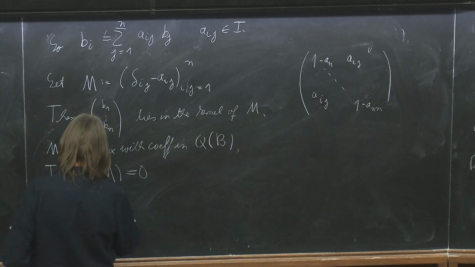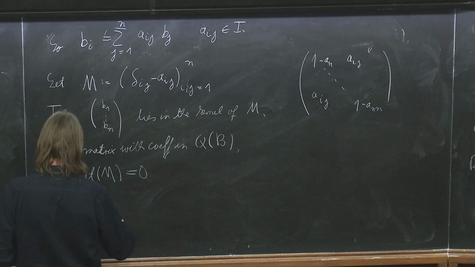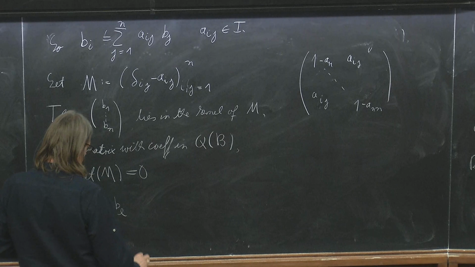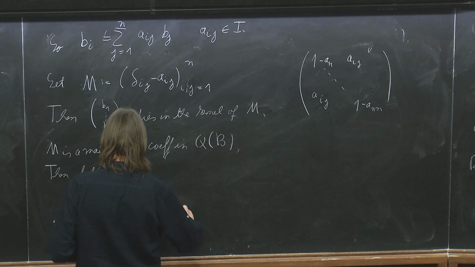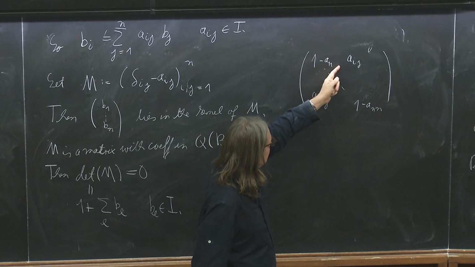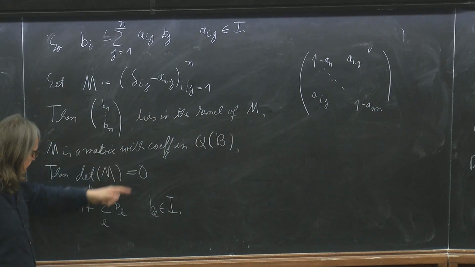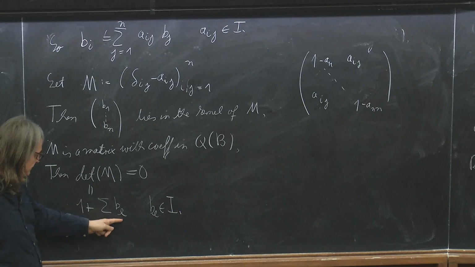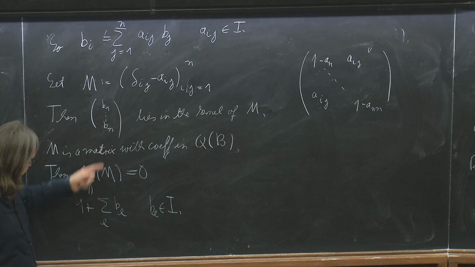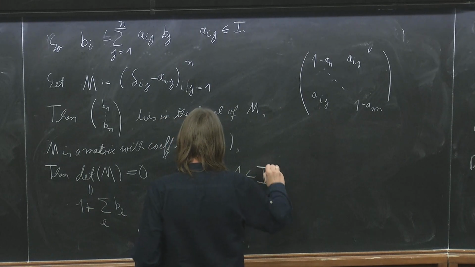So we get that this thing is of the form 1 plus a sum over l of bl, where bl is an element of I, because every other term contains at least one factor aij, and the aij's lie in I. So 0 is equal to 1 plus some combination of elements in I. So that means we bring this to the other side, thus it follows that 1 is an element in I.